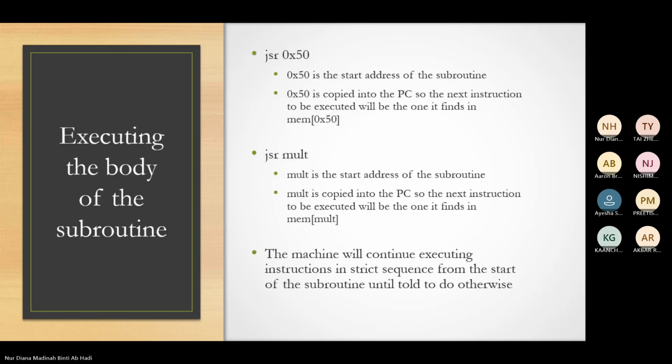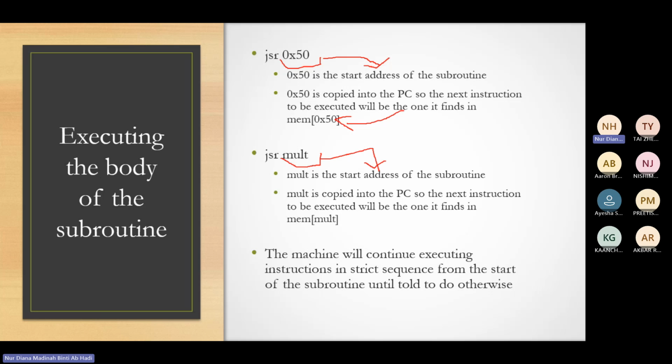Okay, so next, what JSR 0x50 means. This 0x50 is the start address of your subroutine. So 0x50 is copied into your PC, so the next instruction to be executed will be the one found in memory at 0x50. Likewise, for JSR multiply, MLT is the start address of your subroutine.